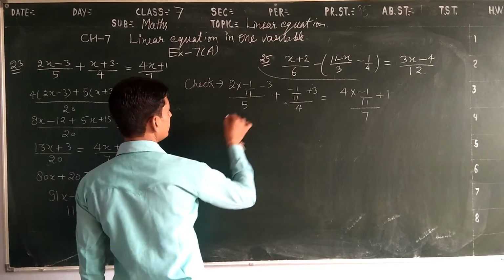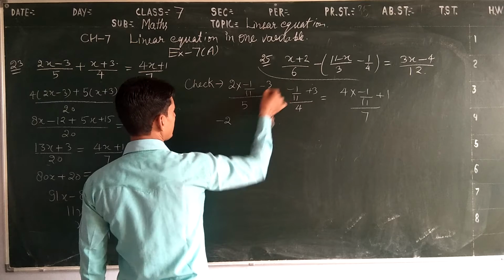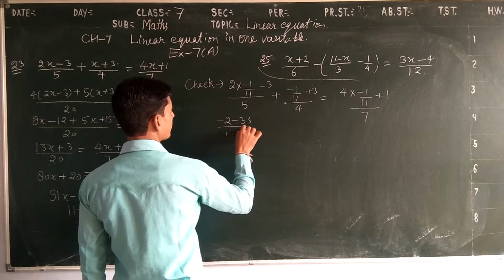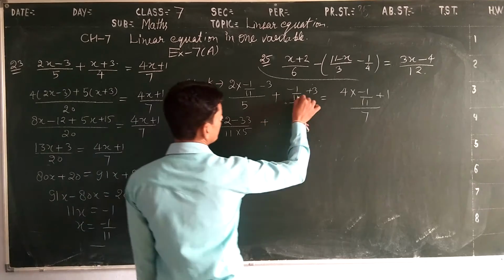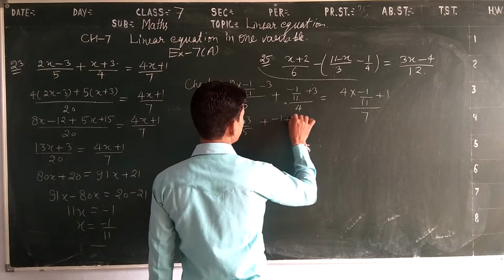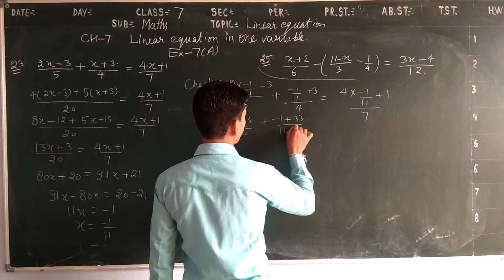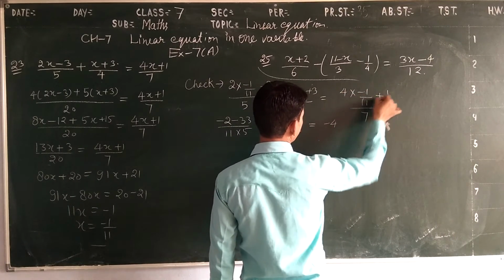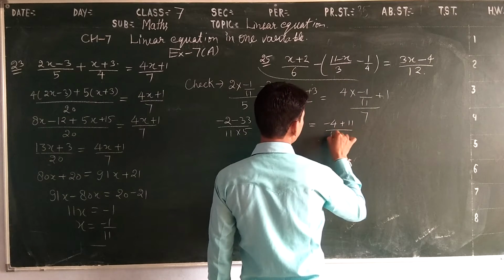So take the LCM. 2 1s are 2 and 3 11s are 33, by 11 multiply 5, plus 11 3s are 33 upon 11 multiply 4 equals 4 1s are 4 and 11 1s are 11 upon 11 multiply 7.